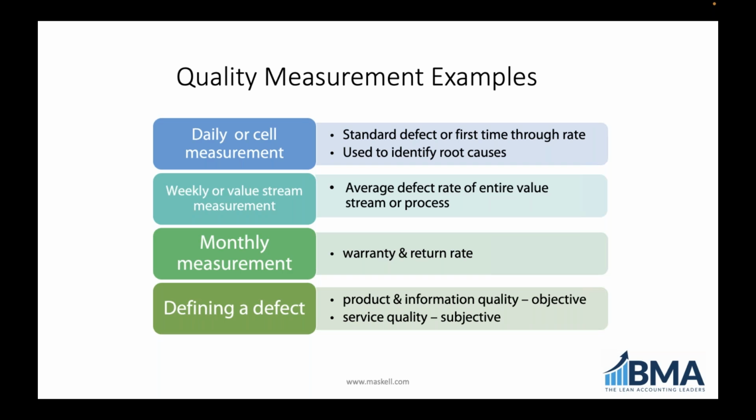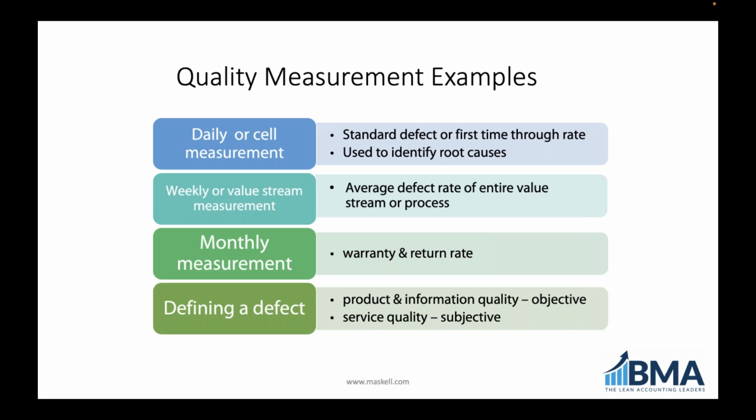Monthly measurement, I'm always hesitant to recommend a monthly quality measurement. Now, you could use warranty or returns, okay? That's one thing. What you want to do is avoid, for example, the cost of quality.